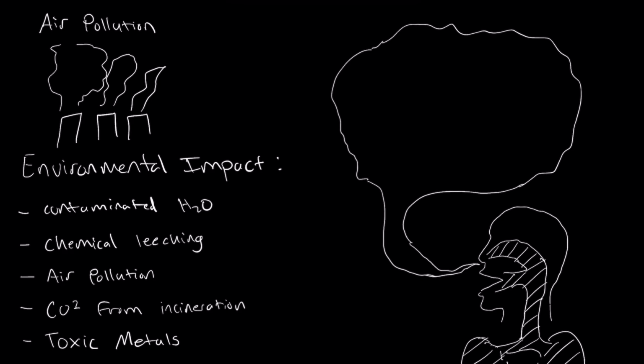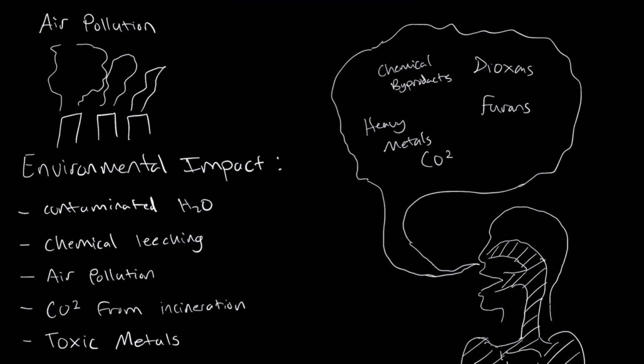There can be air pollution, and there can be CO2 emissions from incineration that will also impact the environment. And lastly, the burning of a lot of these materials will also cause leaching of toxic metals into the surrounding air. And so it's really a larger problem here because we're not only talking about pollution of the air, but we're also talking about pollution of the environment and the furthering of climate crisis factors.